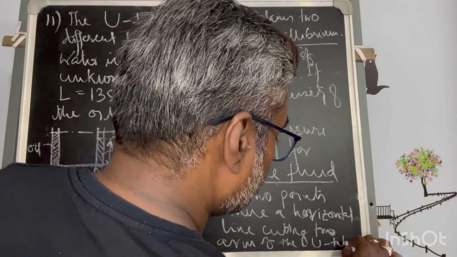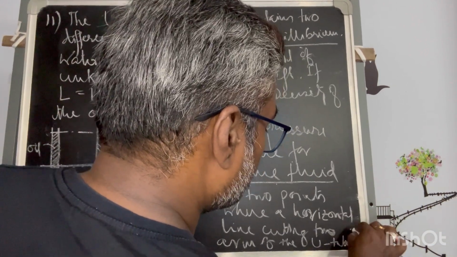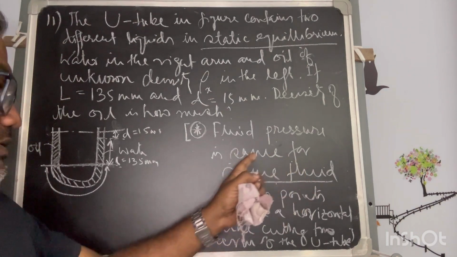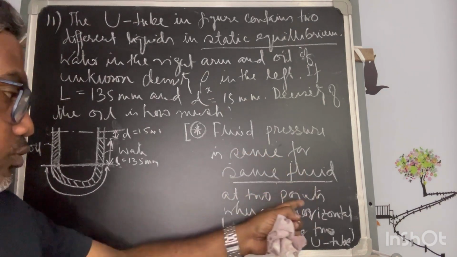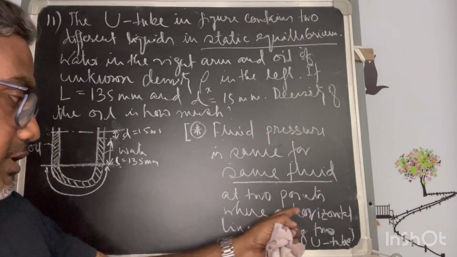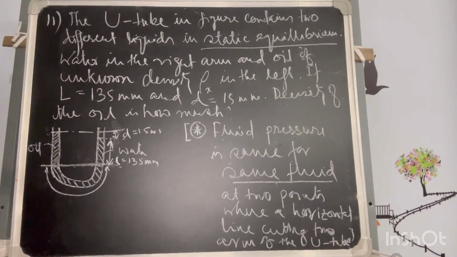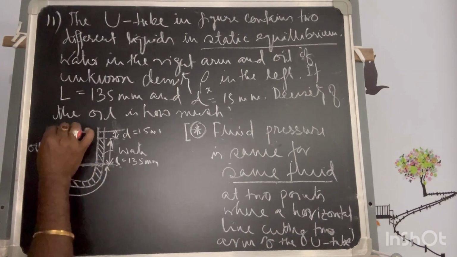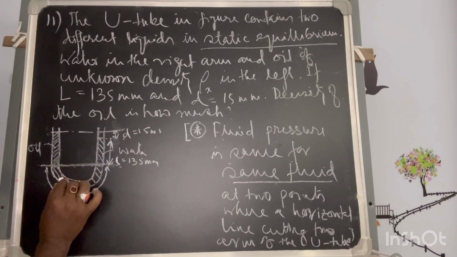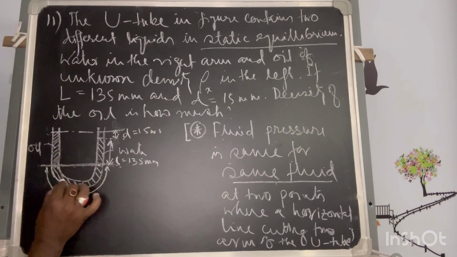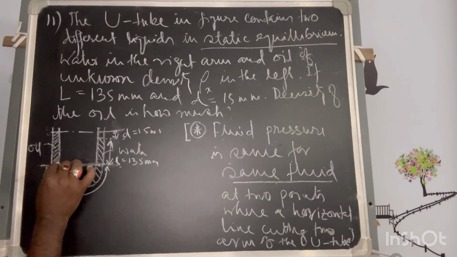This will be more elaborate and clear. So now fluid pressure is same for same fluid at 2 points where a horizontal line is cutting 2 arms of the U-tube. So this horizontal line cuts 2 arms of the U-tube at these 2 points where the liquid is same, and they have same pressure.